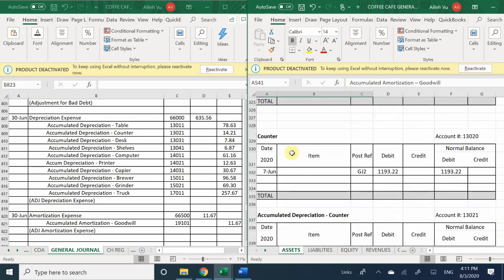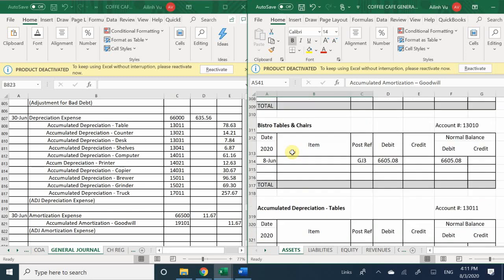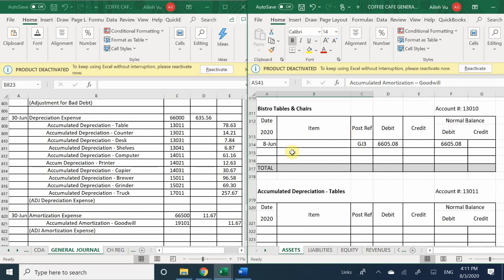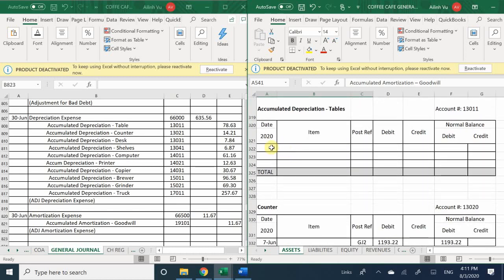Because we did it in order, you don't have to go up and down over this entire thing. You can just go through it one table at a time. So the first one is your accumulated depreciation for table, $78.63.